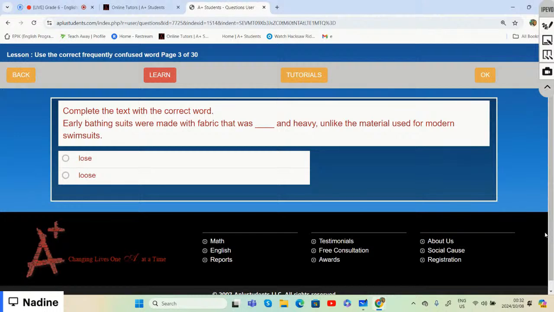Then we're going on to the next one, which says complete the text with the correct word. You see, even when it comes to this word, lose and loose, right? This is also a word where, in general, even myself, I get confused between these two words, between lose with one O and loose with a double O. So this is also a word where people constantly get confused.